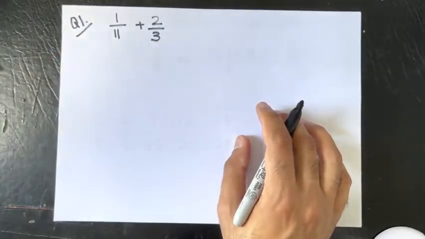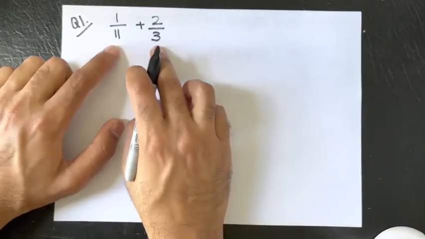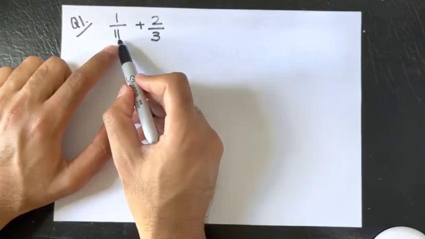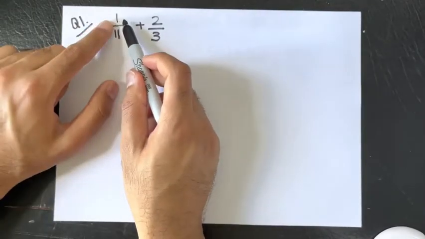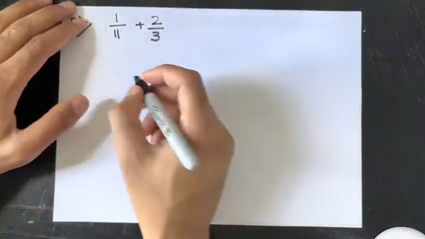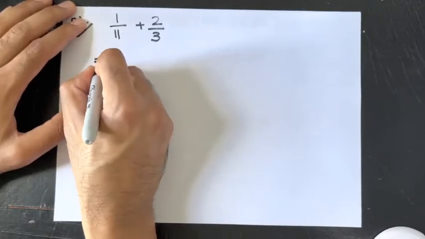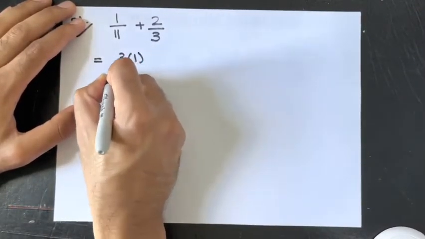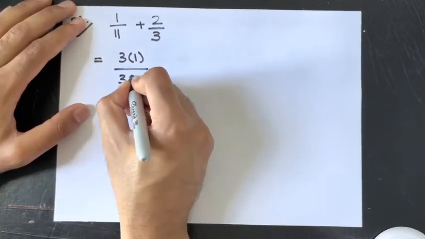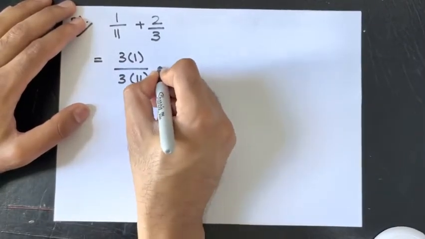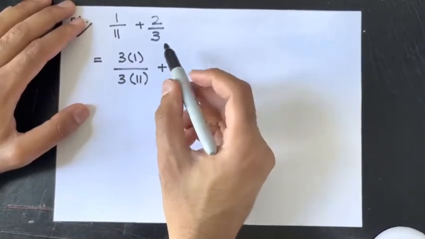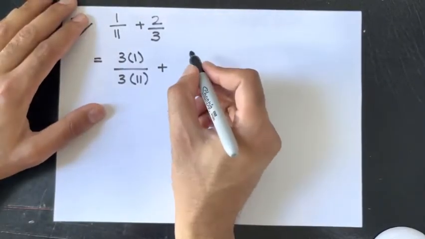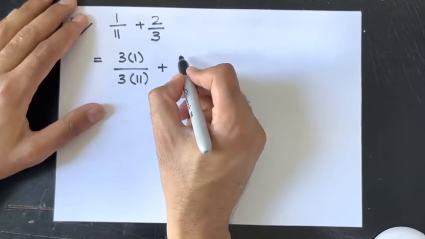So the lowest common multiple would be 33. And to get there, we need to multiply 11 by 3 and its numerator by 3. So we go 3 multiplied by 1 over 3 multiplied by 11. And to get to 33 from 3, we'd have to multiply it by, again, 11.